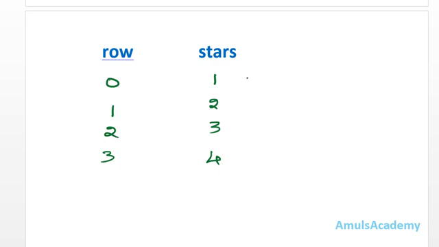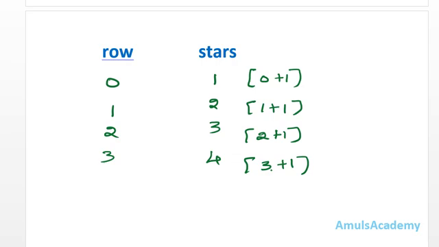So we can write like this: 0 plus 1, this as 1 plus 1, this as 2 plus 1, this as 3 plus 1. Here 0 is nothing but row, here 1 is nothing but row, here 2 is nothing but row and 3 is nothing but row, right?